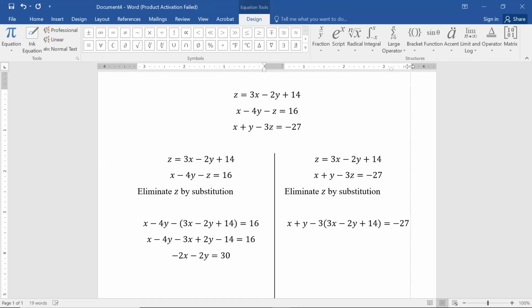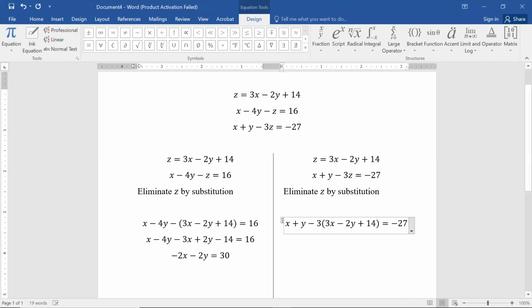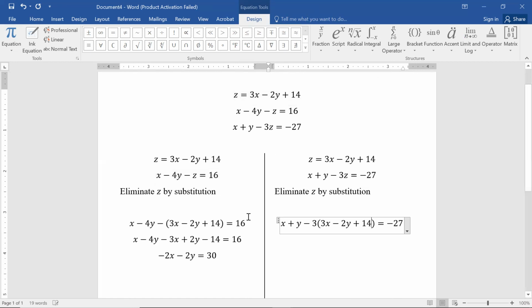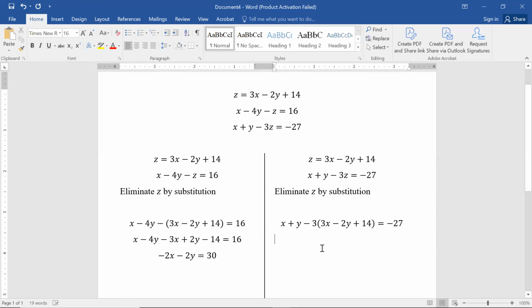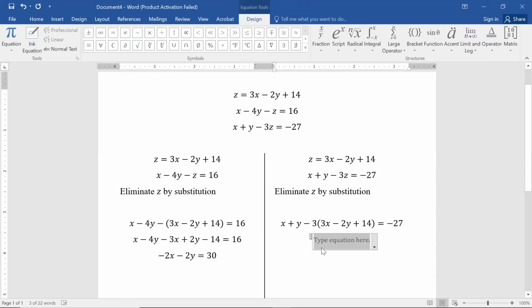It gets a little bit messy there. It's a long equation. So x plus y minus 9x plus 6y minus 3 times 14, which is 42, equals negative 27.